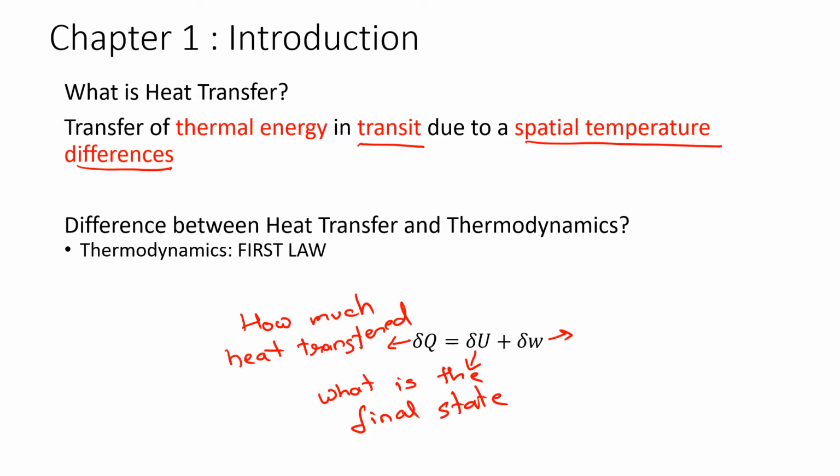And it tells us how much work was done. So the first law tells us how much heat was transferred into or out of the system, what is the final state of the system, and how much work was done by the system or on the system.